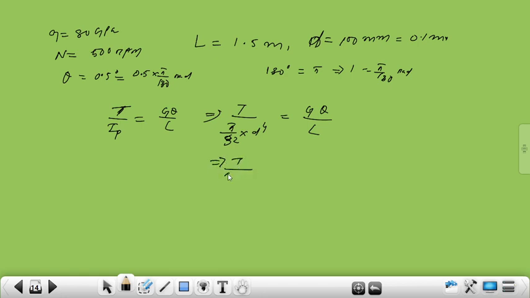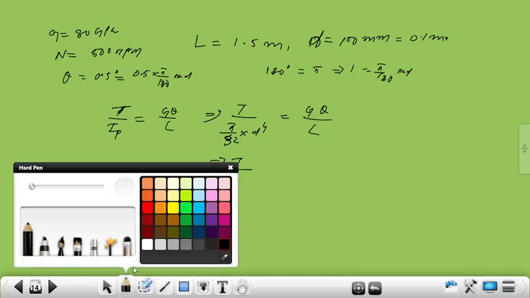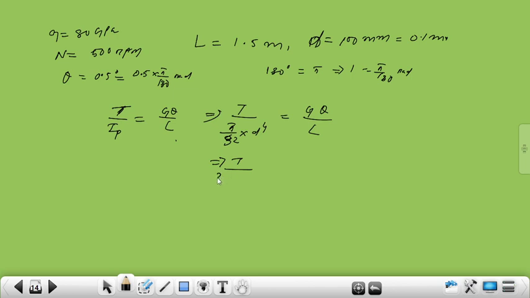So T, and pi by 32, and the diameter given is 0.1 to the power 4, and G is 80 gigapascal, which is 80 into 10 to the power 9 pascal.